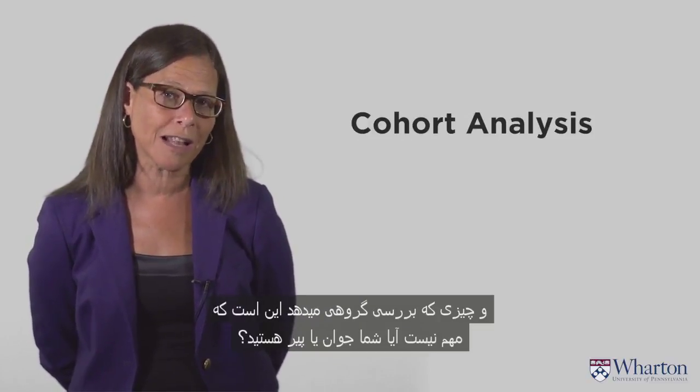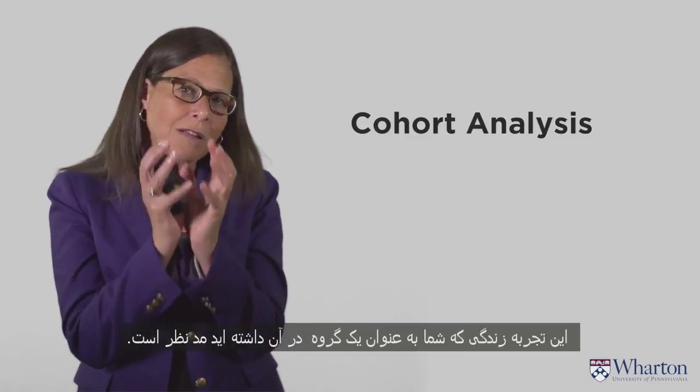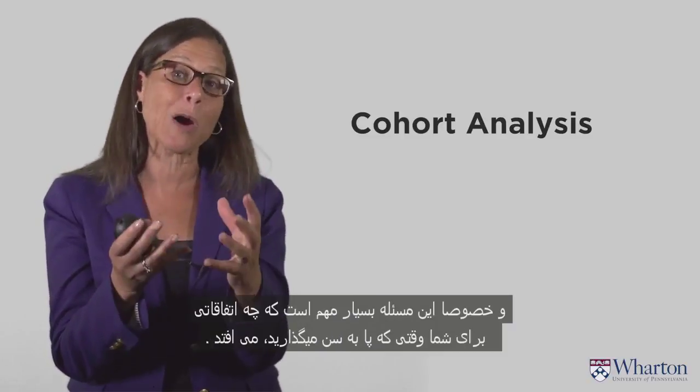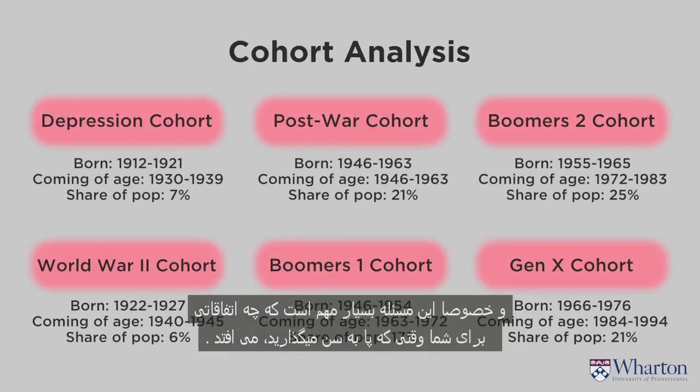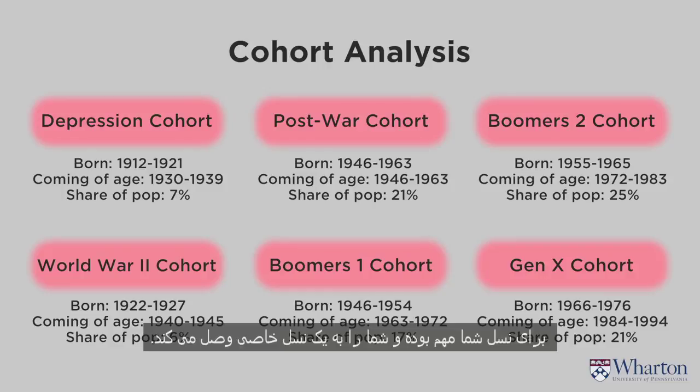What cohort analysis says is that it's not really whether you're young or old, it's the life experiences that you've experienced as a cohort. In particular, it's very important what happens when you're coming of age, right around 14, 15, 16, 17, 18. Those things that hit you at that time of your life are critical, and they frame you as a generation.